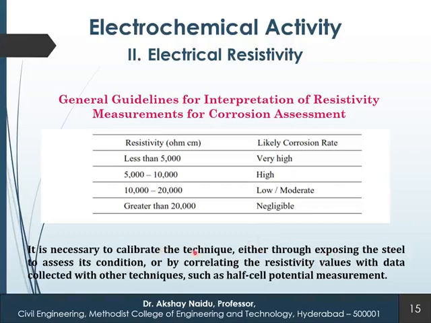So it is necessary to calibrate the technique, either by exposing the steel to assess its condition or by correlating the resistivity values with data collected with other techniques such as half cell potential measurement. So this was about electrical resistivity. For corrosion potential, we have studied two tests: the half cell potential test and electrical resistivity measurement using the Wenner 4 probe.